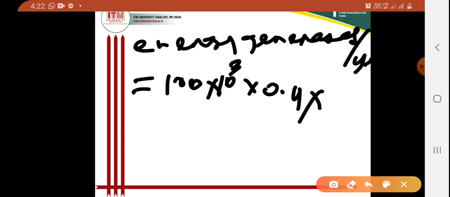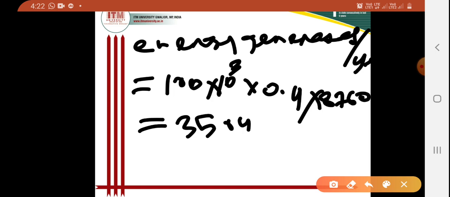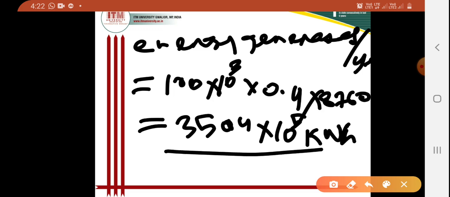That is 24 into 365, that is 8760. After solving, we get the answer as 3504 into 10 to the power 5 kilowatt hour. So this is the answer for our first question.